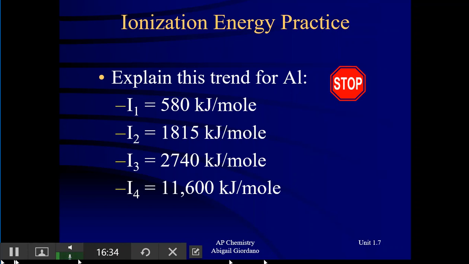Part B, why is there such a big jump between the third and fourth ionization energy? And you could say something like, removal of the fourth electron is removing a core electron from a filled energy level, which requires much more energy than removal of a valence electron. Something like that.